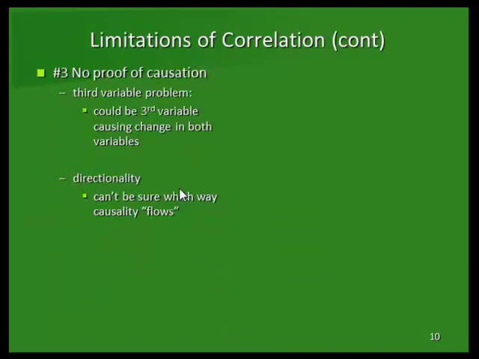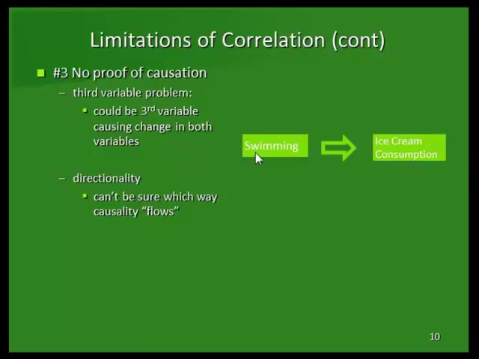Okay, then the last limitation that's important to keep in mind is that a correlation doesn't mean that there's a causal relationship. Two things can be going on. So let's imagine that you have a situation where you see a relationship where as swimming happens, there's more ice cream consumption. So looking at different days, those days where there's more swimming going on, there's more ice cream consumption.